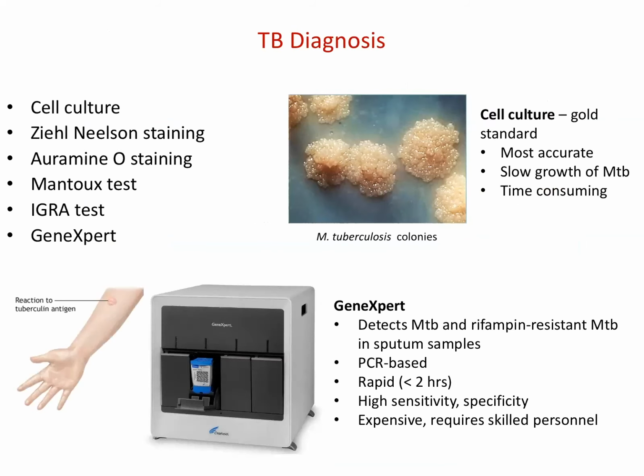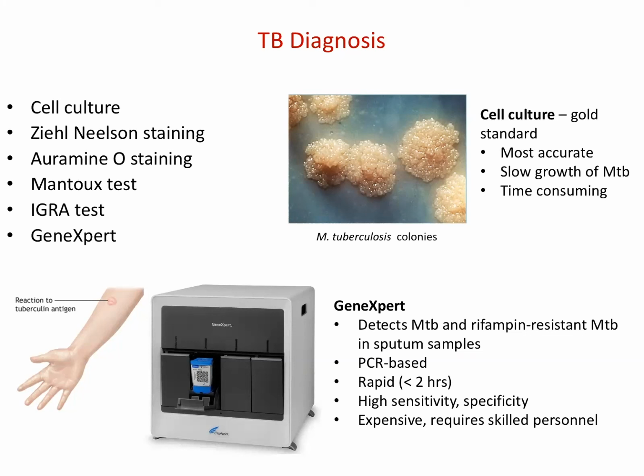For TB diagnosis, there are multiple ways to diagnose TB. Of course, the gold standard is cell culture, where you culture the Mycobacterium tuberculosis. But this bacterium is very slow growing and takes days to grow, so it's very time consuming, but it is the most accurate.